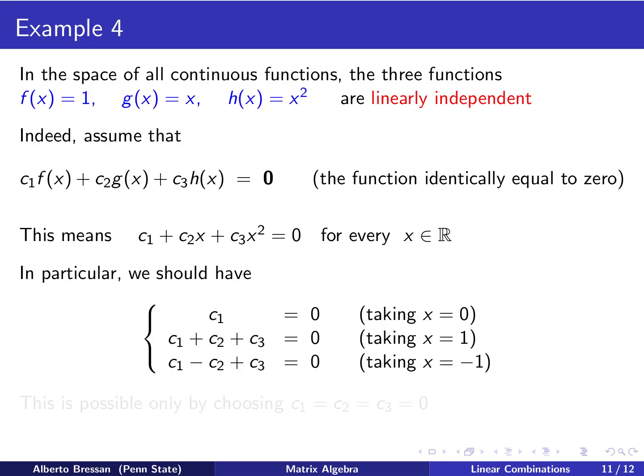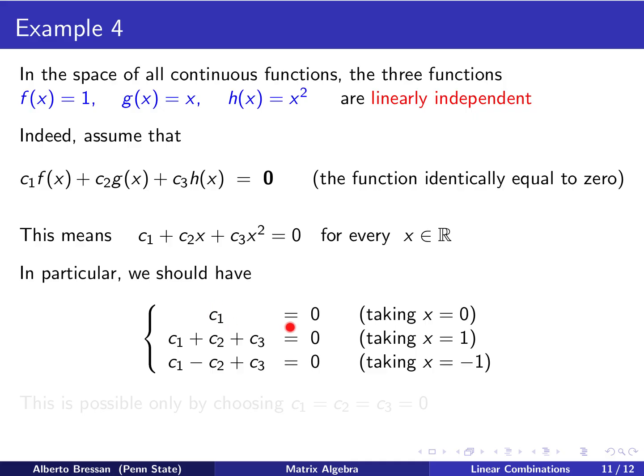Take x to be 0, and then we have c1 equals 0. Now take x to be 1, then you get c1 plus c2 plus c3 is 0. And then you can take x is -1, then this is -1, and that's 1. Then you get c1 minus c2 plus c3 is 0. And you can solve this. It's an easy one to solve.